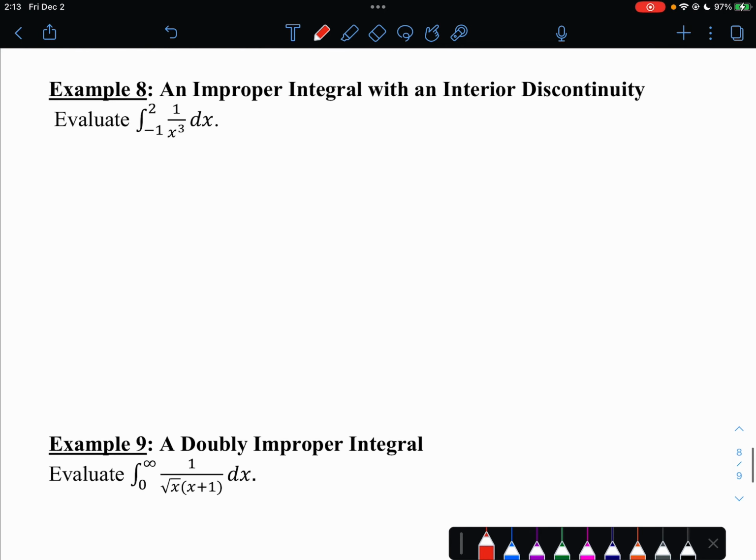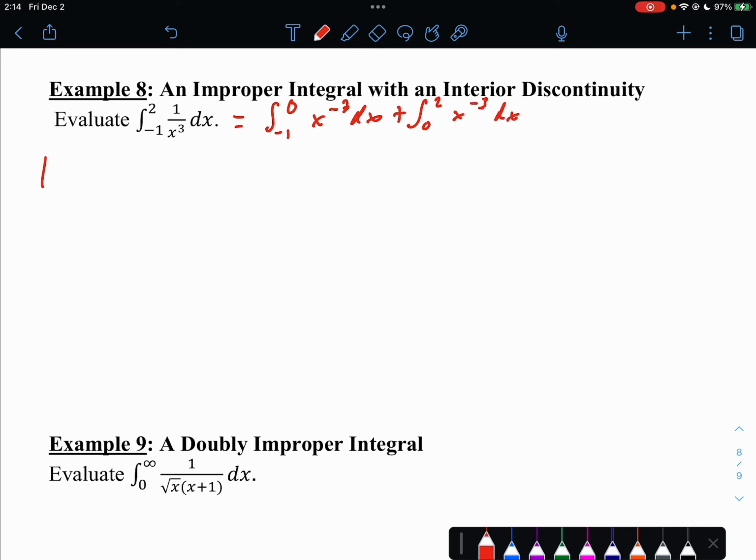All right, what if it has an interior discontinuity, like number 8 does here? So this is going to be not continuous at 0 again. So what we're going to do is think of it like this. We're going to break it up into the integral from negative 1 to 0 plus the integral from 0 to 2. And now we're going to do double limits, right?